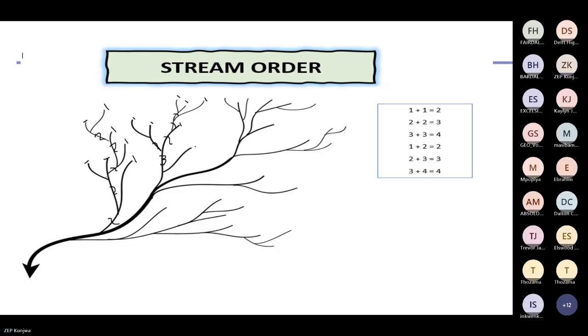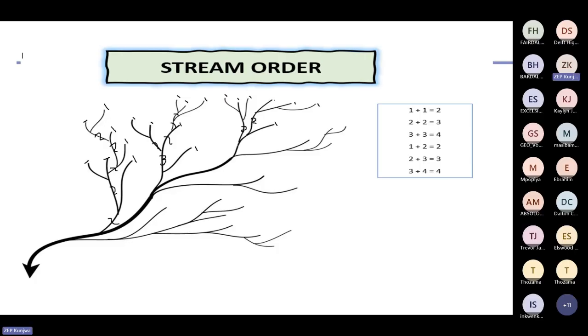Okay. So again to the other streams, 1, 1, and 1. You've got order number 2 there. And then here, let's see, 1, 1, and 1. Also you've got the number 2 there.